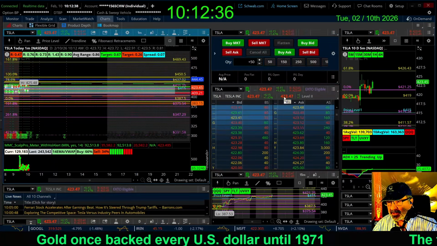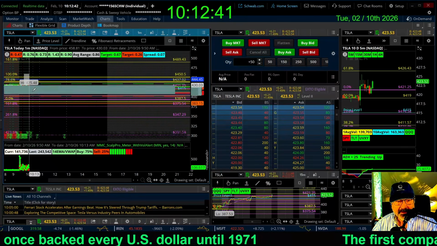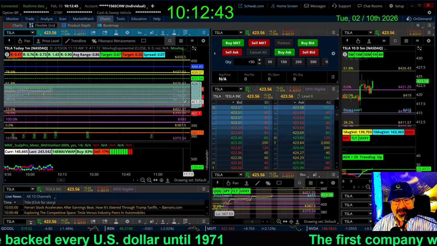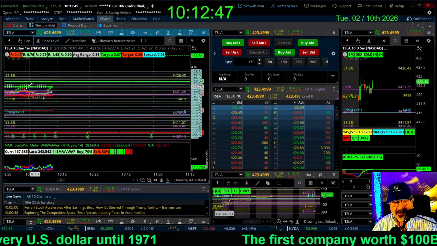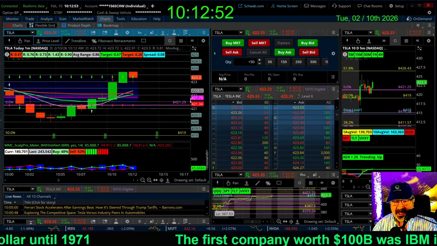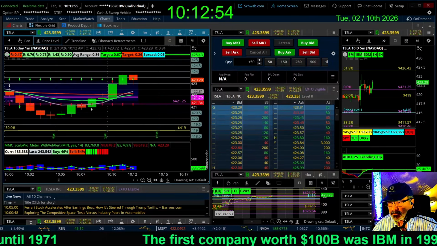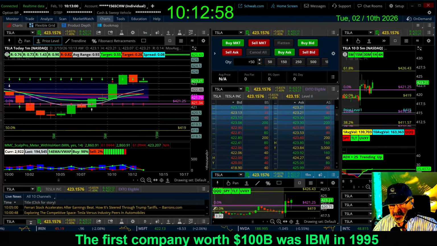Let's get a look at it. 5 minute looks good. This is going to be more difficult to trade. Volume's still pretty high for this. But more exciting too. We need the excitement.